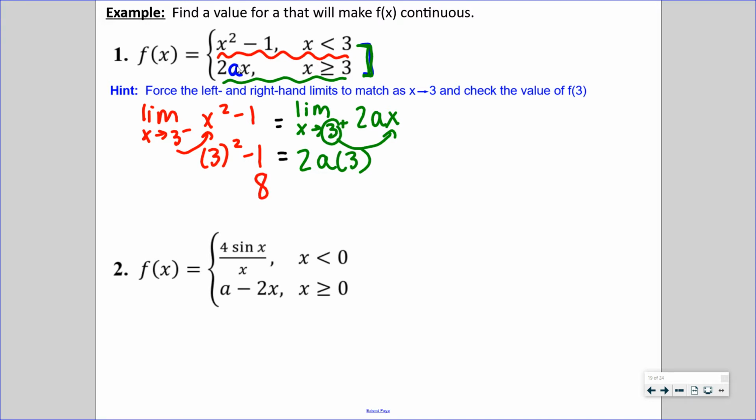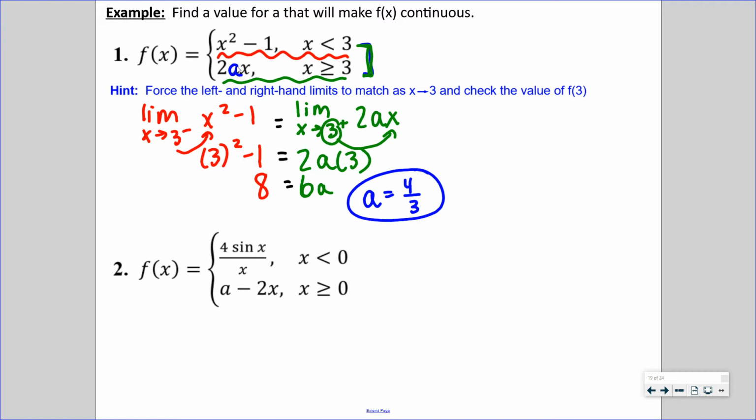Over here, I get 6a. So solving for a, divide both sides by 6, I get 4/3. So if a was 4/3, our function would be this.